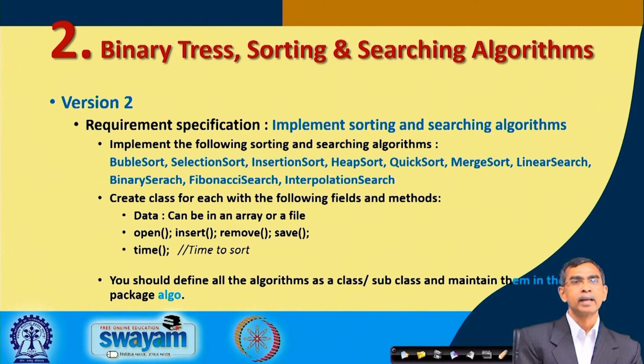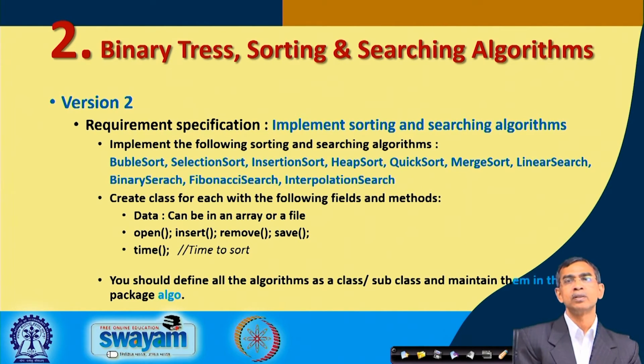And for the methods you can implement open, insert, remove, and save, that means after sorting the data can be saved. Opening means you can open the raw input data, and remove means you can eliminate one item from the sorted array. It can insert also, but the insertion should be in a sorted manner.